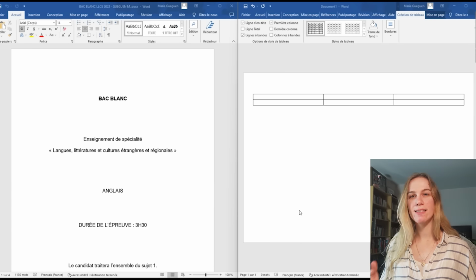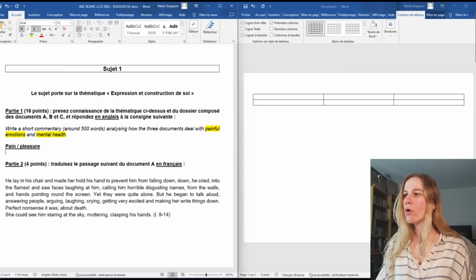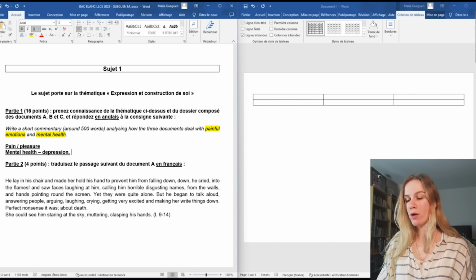Here what I would advise you to do is to take 5 minutes to think about potential ideas which would go with these keywords. So for example, when we think about pain, we can also think about pleasure, or when we think about mental health, we would also think about depression or suicide, or maybe even PTSD.